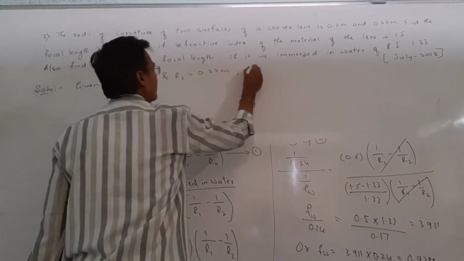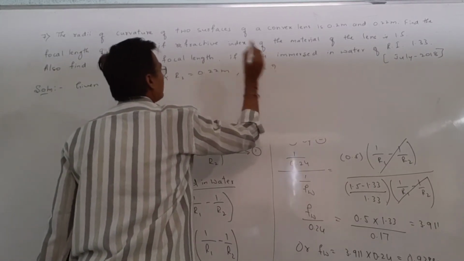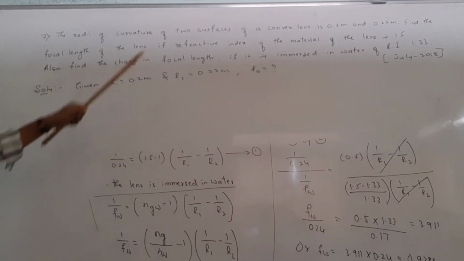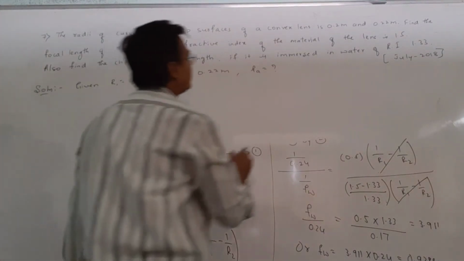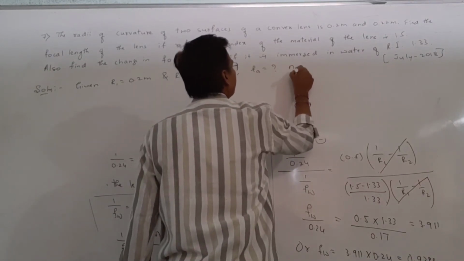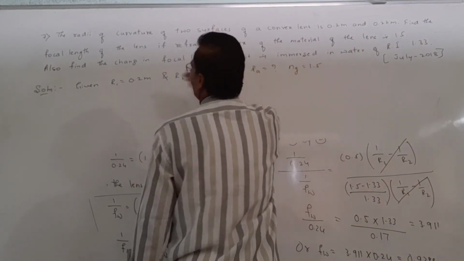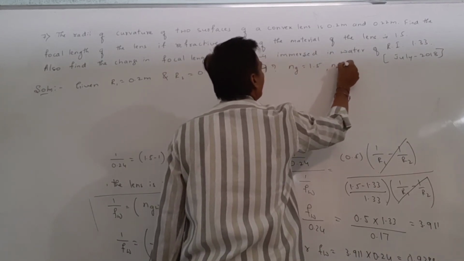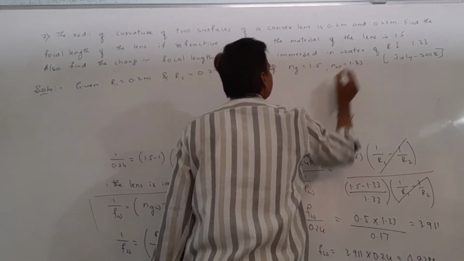That is, in air we have to find out. Also find the focal length, and its refractive index, the refractive index of that glass is 1.5. Also find the focal length when it is immersed in water, for which the refractive index of water is 1.33.